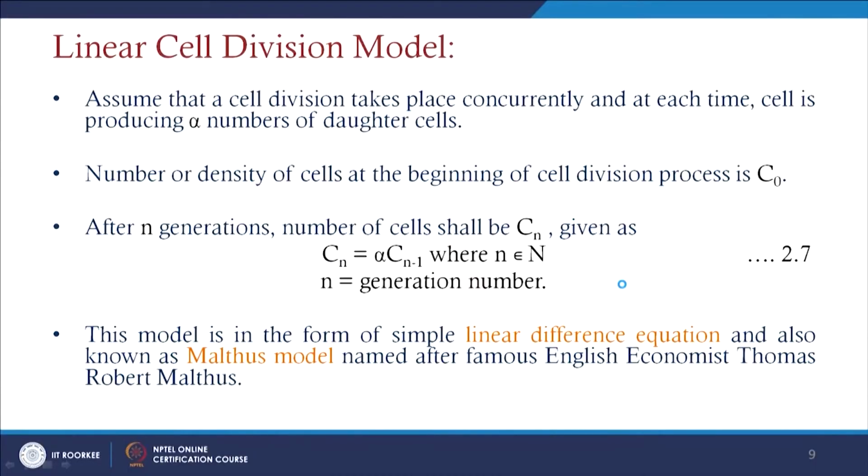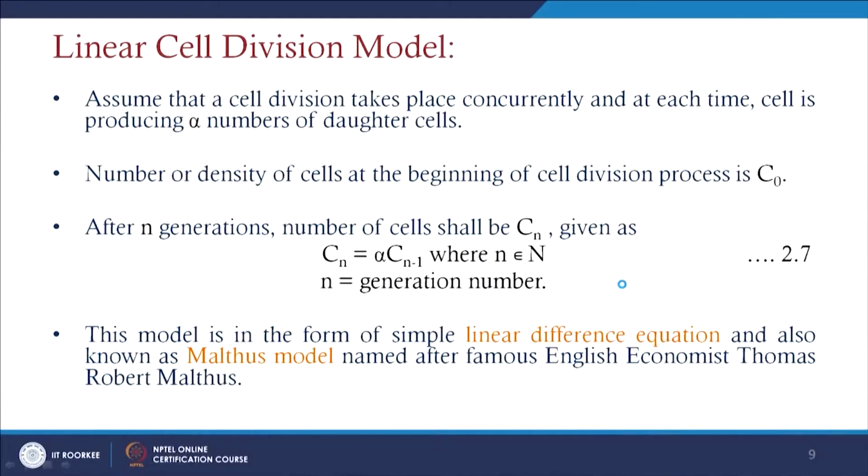Assume that cell division takes place concurrently, and at each time a cell produces alpha number of daughter cells. First we have a big cell, then division takes place, so we have a different cell size or a different distribution of cells, and the number or density of cells at the beginning of the division process is C_0.